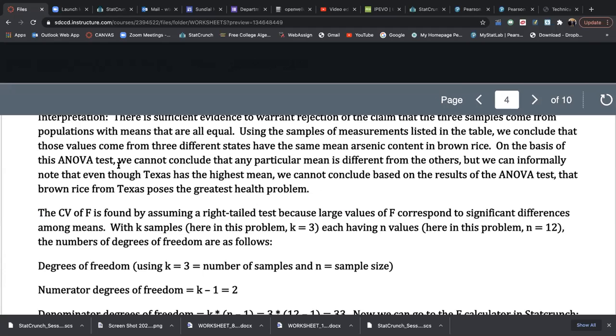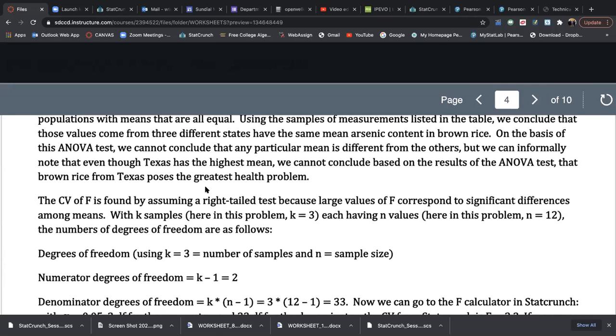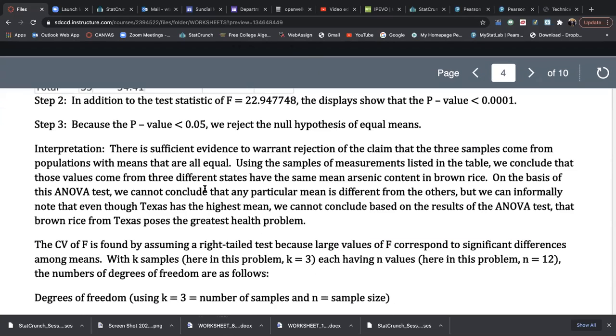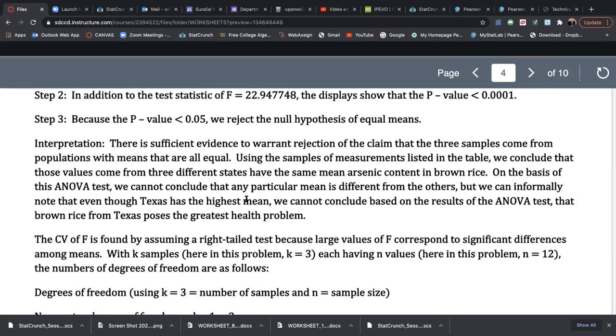On the basis of the ANOVA test, we cannot conclude that any particular mean is different from the others, but we can informally note that even though Texas has the highest mean, we can't definitively say that brown rice from Texas poses a health problem, okay?